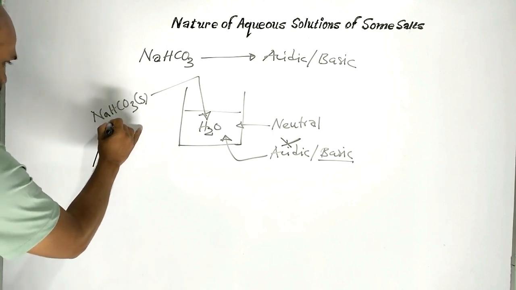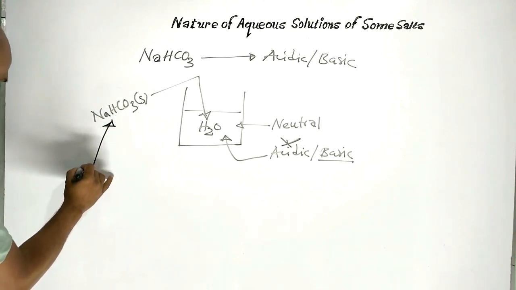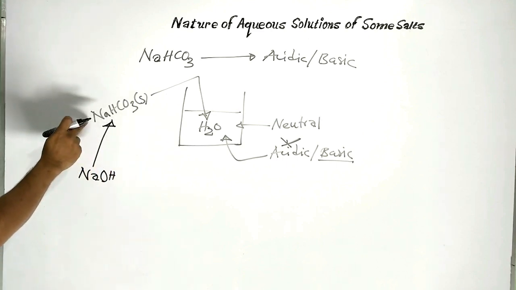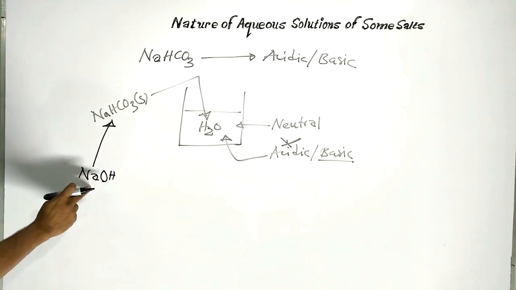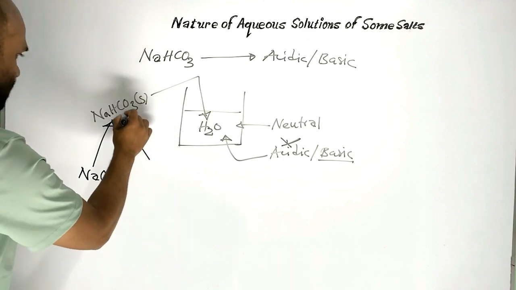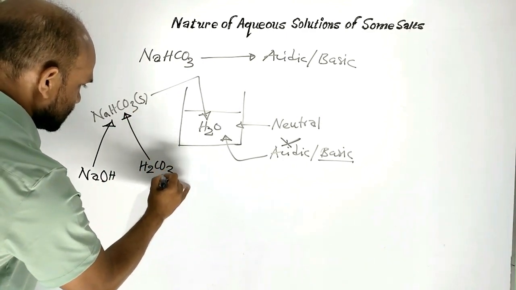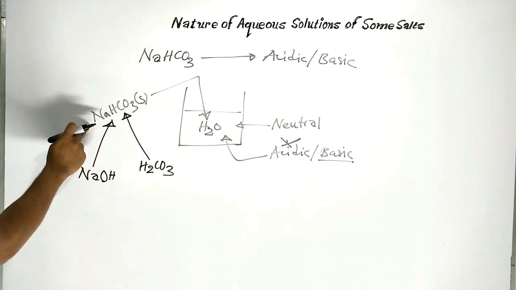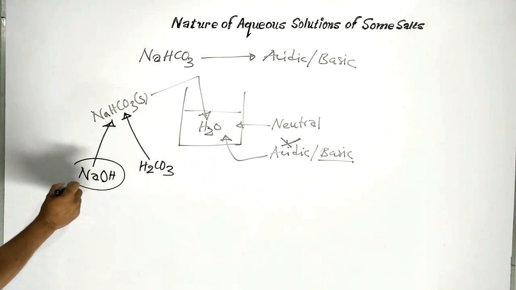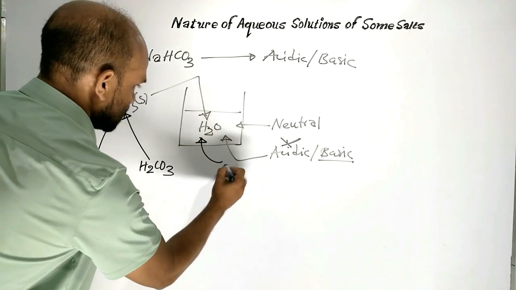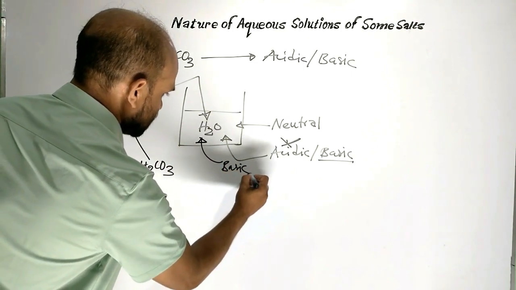Sodium bicarbonate is composed of strong base sodium hydroxide and weak acid carbonic acid. As it is made up of strong base sodium hydroxide, the solution is basic in nature.